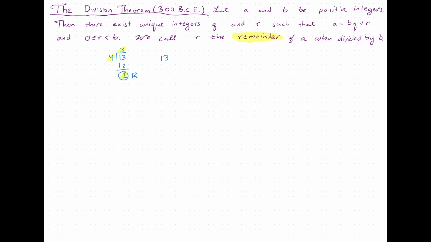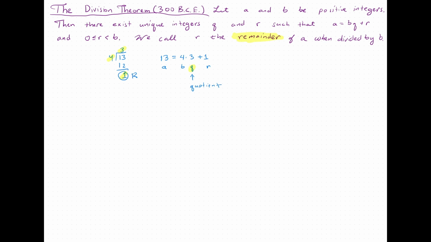And so now we have 13 is equal to 4 times 3 plus 1. And so now in the abstract notation of the division theorem, we have that 13 is our A, our 4 is B, 3 is Q, and R is 1. And so Q is referred to as the quotient.